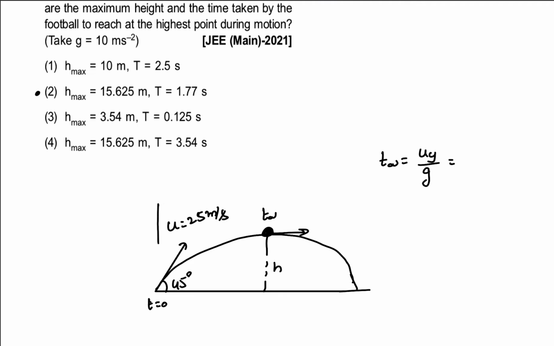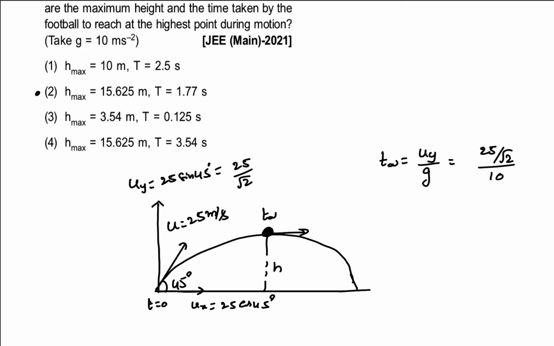Now time of ascent value we can write: u is given, ux is equal to 25 cos 45 degrees, uy value is equal to 25 sin 45 degrees. Sin 45 degrees is 1 by root 2. Just substitute there: 25 by root 2 divided by g equal to 10.